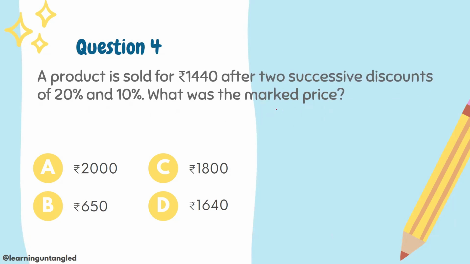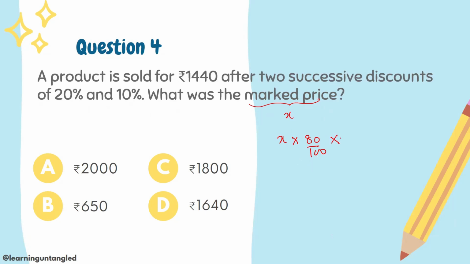Okay, let's see. We don't know the marked price. Suppose that the marked price is X. The first discount on the product was 20%, so we are selling the product at 80% of the value. But then we are also giving another 10% discount on this value.